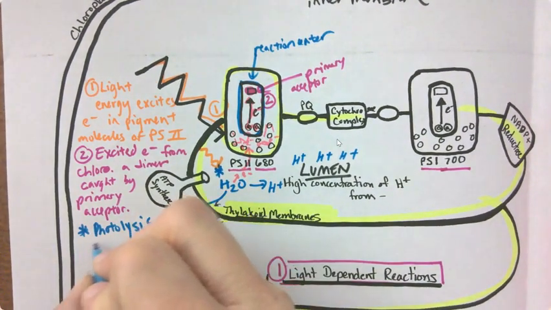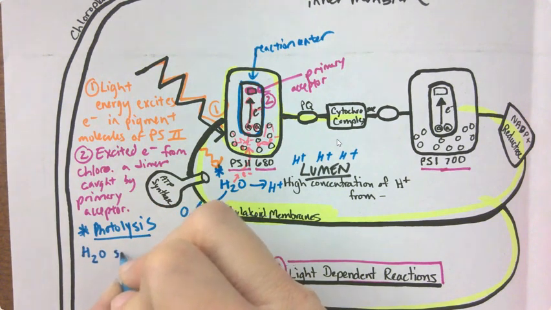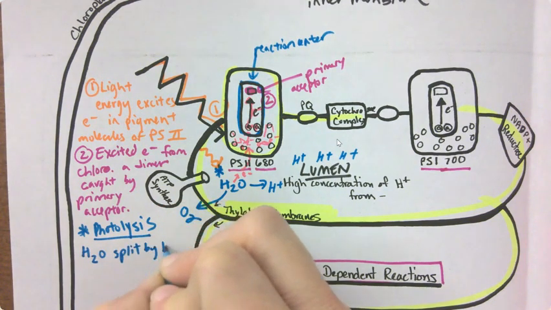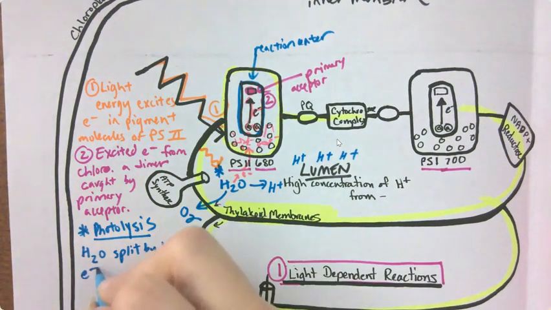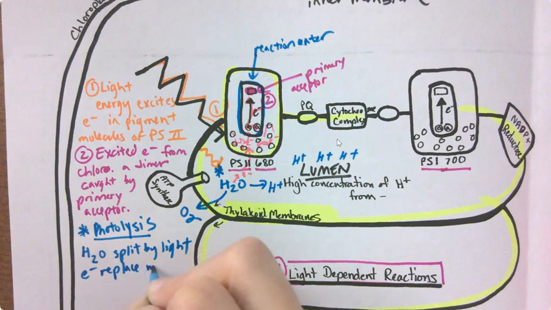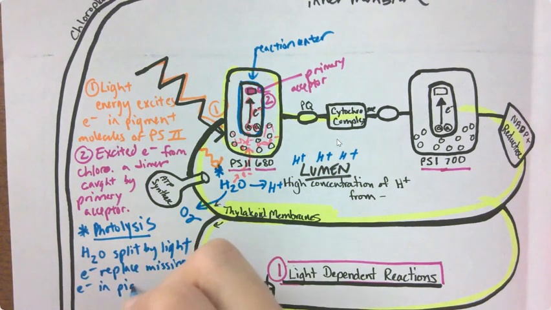So if we are going to define photolysis, I would say photolysis is defined as water splitting by light. The electrons replace the missing electrons in the pigments.